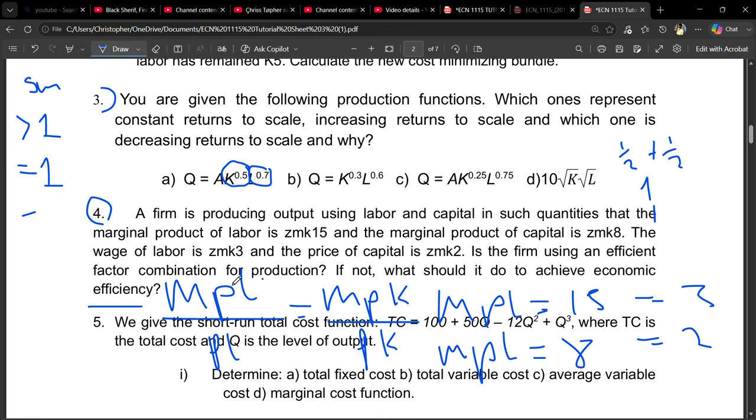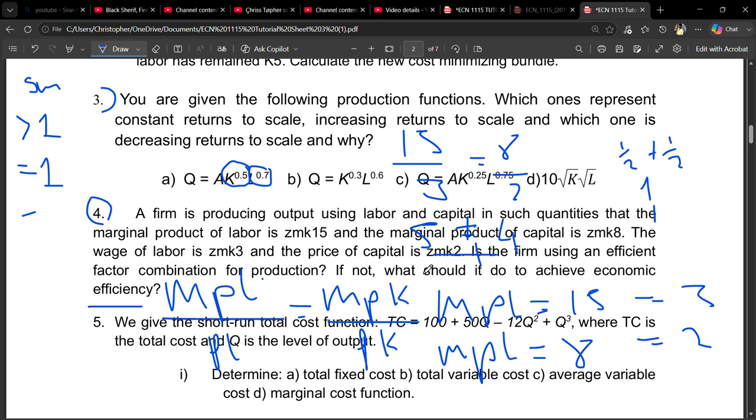What you're going to do here, you put 15 there, then we put 3 there, equals 8 over 2. We divide, and we have 5 is equal to 4. These two are not equal. The marginal principle states that these two are supposed to be equal for the firm to be in equilibrium, but these two are not equal.